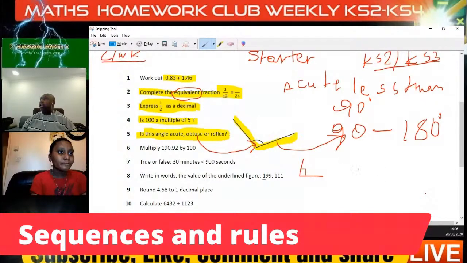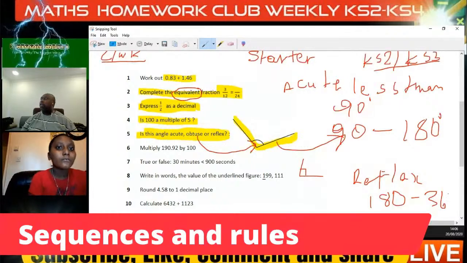So a reflex angle is between 180 and 360.